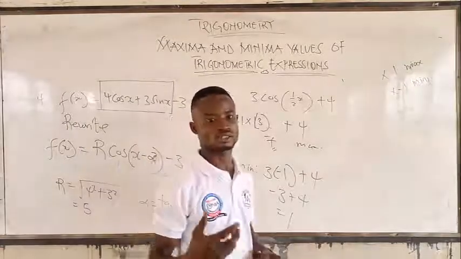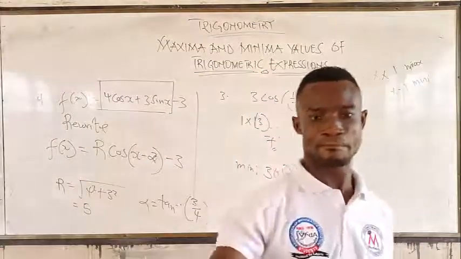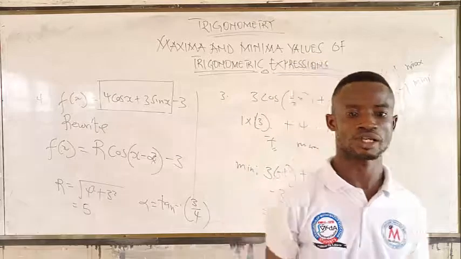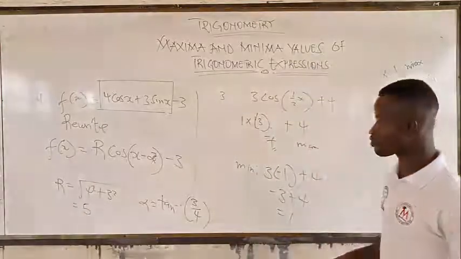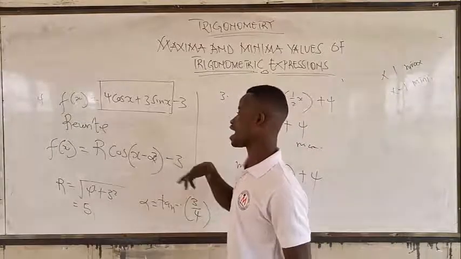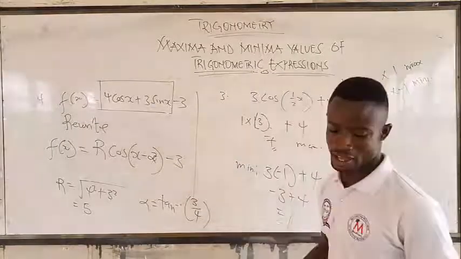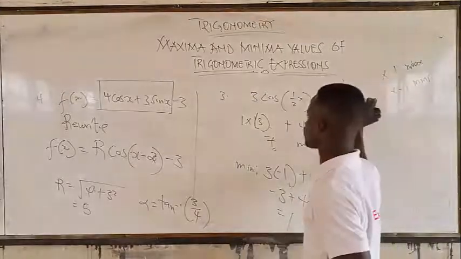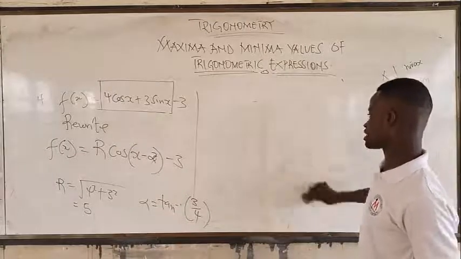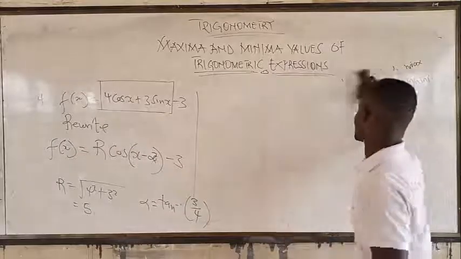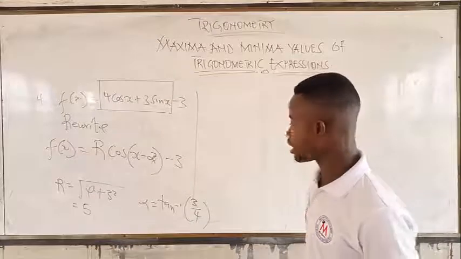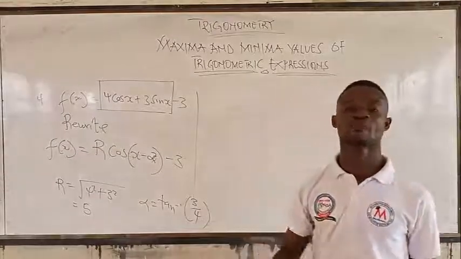Alright. So when you take the tan inverse of 3 over 4, whatever you get will be the alpha. But the emphasis or the content we are looking at here, even if you don't know the alpha, we can still go for it.